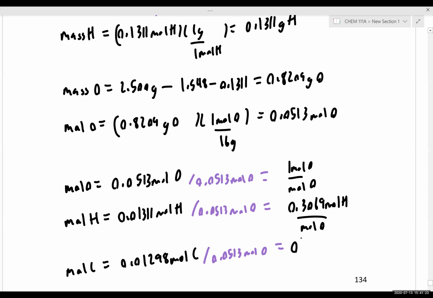That gives us 0.2530 moles of carbon per mole of oxygen. Okay, so now that we have our mole to mole ratios established, we're now going to have to guess a reasonable set of coefficients.